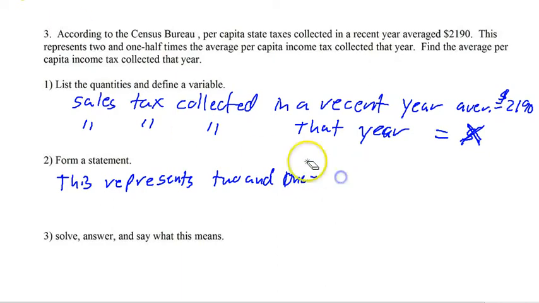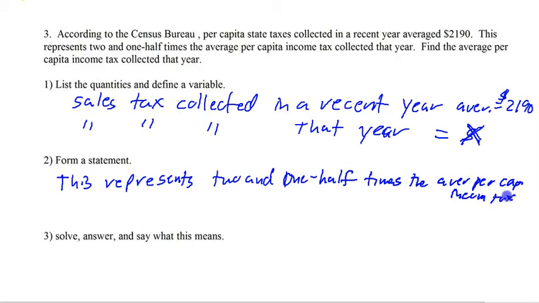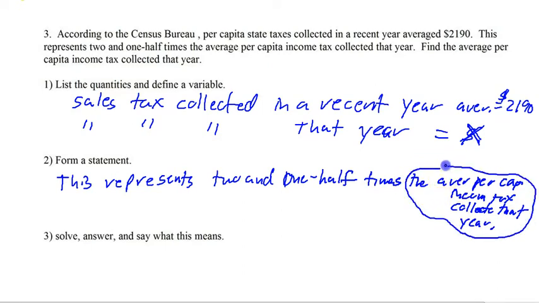Let's try that again. 2 1/2, times the average per capita income tax collected that year. Okay. Well, we already know that this right here, the average per capita collected that year, we just defined as X. So we'll put an X here.